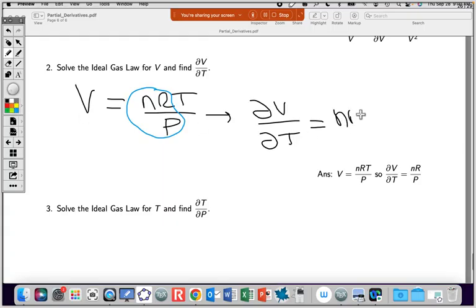So they would come out, and I'd just be taking the derivative of T with respect to T. And what's the derivative of T with respect to T? You follow? And so once again, looking at the relationship between just volume and temperature, I believe that's called Charles's law.